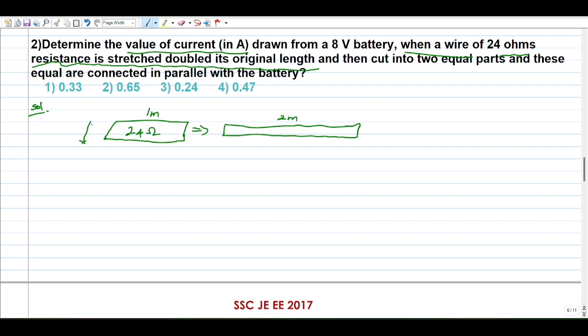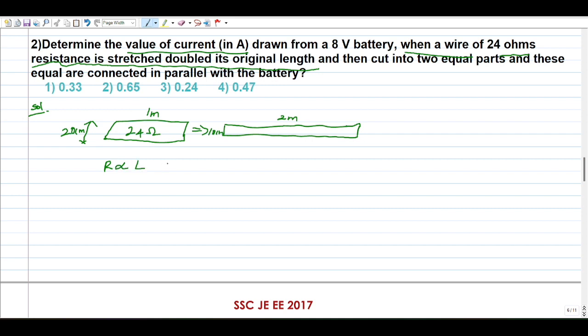Before stretching, the width, for example, consider this is 20 centimeter. Now after stretching, the width is reduced to 10 centimeter. We know the concept that the value of resistance and the length are directly proportional.